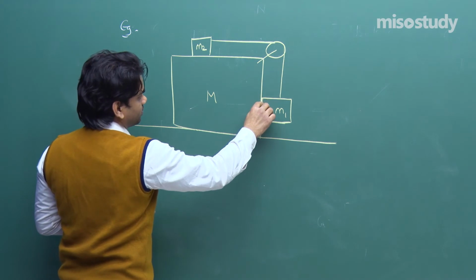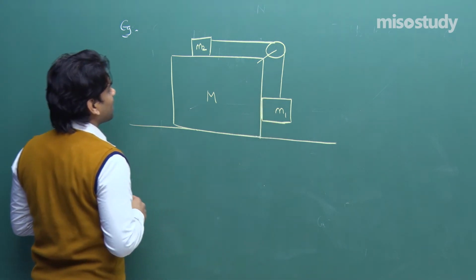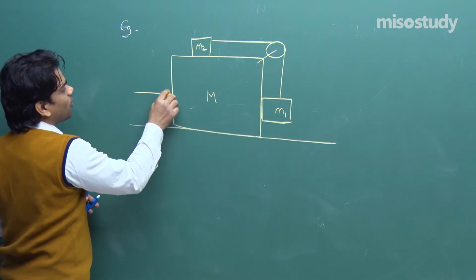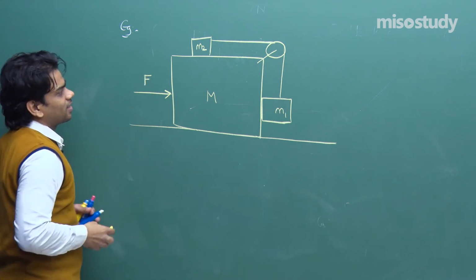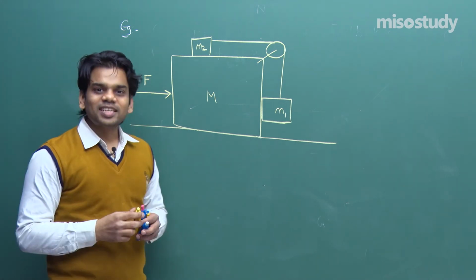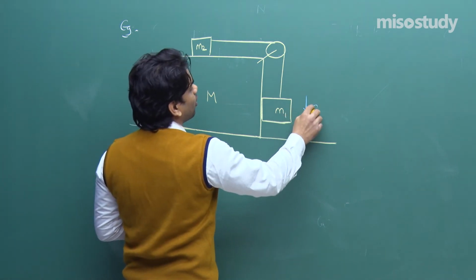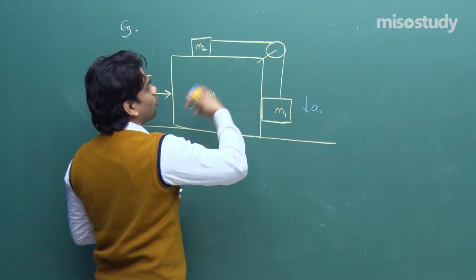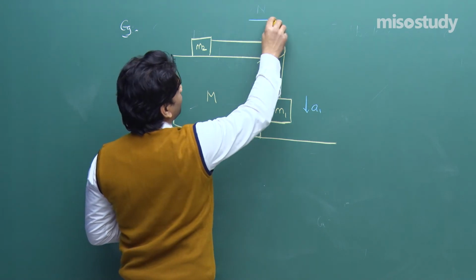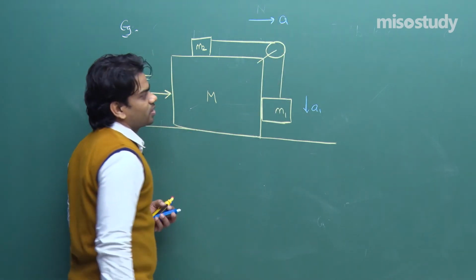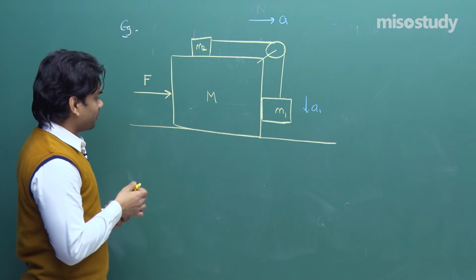This is in touch. A force F is applied on this larger block, such that the acceleration of M1 is A1 downward, and the acceleration of overall M is A towards right.